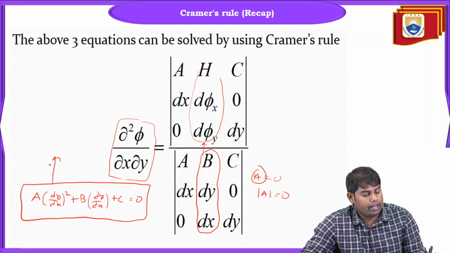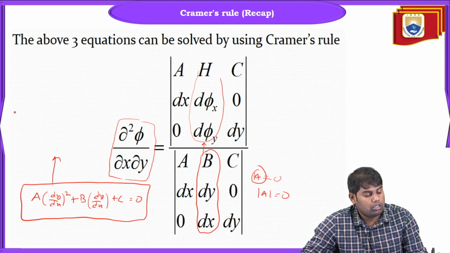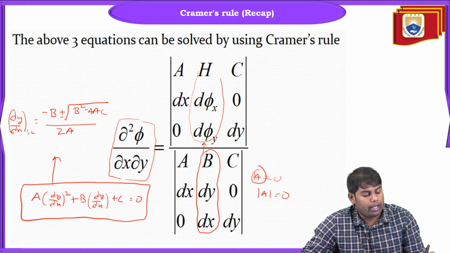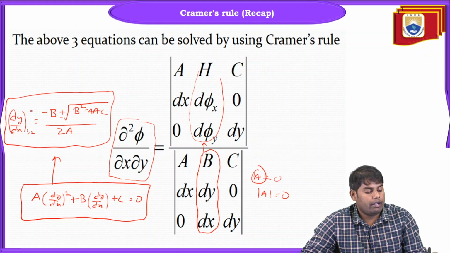When you have this quadratic form, to find the roots we use the discriminant: dy/dx (1, 2) = (−b ± √(b² − 4ac)) / 2a. So here we need to see the value of the discriminant. Based on this, we will get to know.